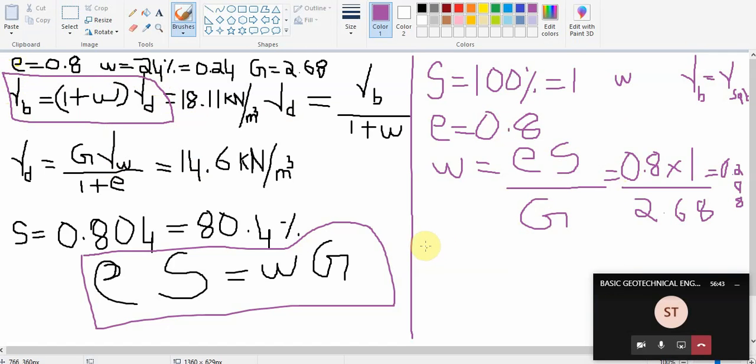So substitute: gamma B is equal to 1 plus W into gamma D. W is 0.298 and gamma D is 14.6. How much? 18.95. Okay, it is 18.95.